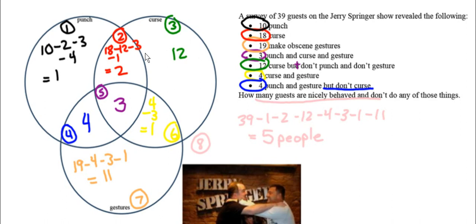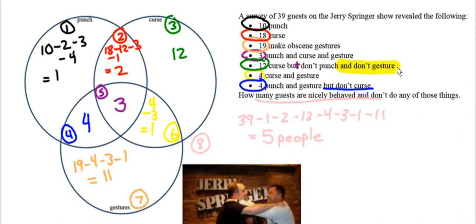What makes these Venn diagram questions confusing is sometimes you get a number and you have to subtract something that it's been overlapped with, like here, here, here, and here. But then sometimes you get a number and you don't have to subtract things. So that's here and here. And it all comes from the words here.